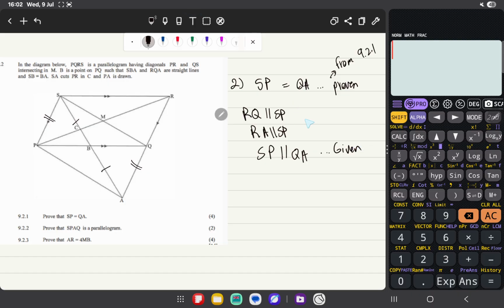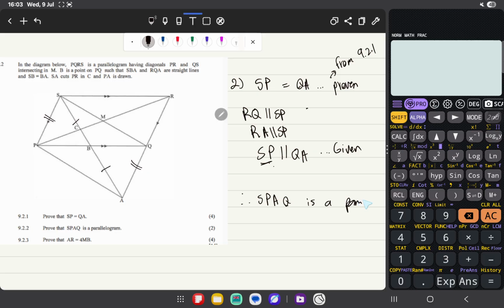It is given because the line RA equals line RQ plus QA. So if this is parallel to SP, it must mean this is also parallel to SP, and this is also parallel to SP, right? So we would leave it there, and then we would conclude, therefore, that shape SPAQ is a parallelogram.